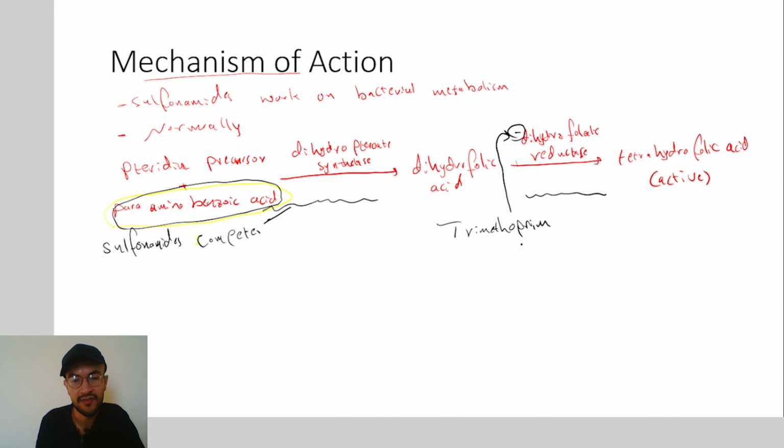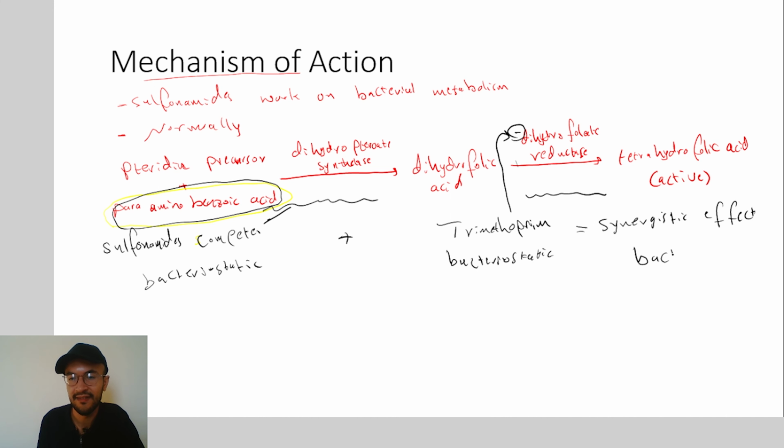By adding those together, the sulfonamides and the trimethoprim, we get synergistic effect. But it is still bacteriostatic for both of them. So sulfonamides is bacteriostatic, and the trimethoprim is also bacteriostatic, and the result is also bacteriostatic, but it is more powerful.